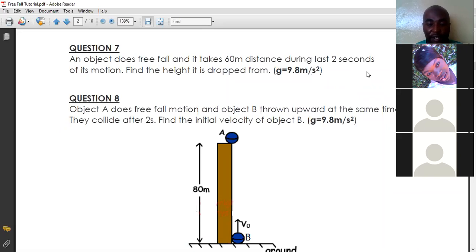What is the initial? What you find is the distance after 2 seconds. So those are the things. Go and go through these things.